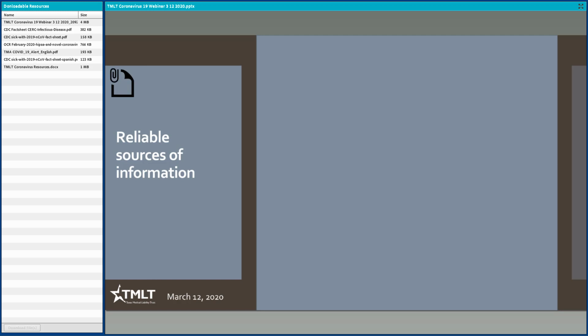In the webinar, whenever you see a slide with the paperclip on the left, that icon will tell you that there is a downloadable resource provided, and they're on the left-hand pod, including the slides from today's program.